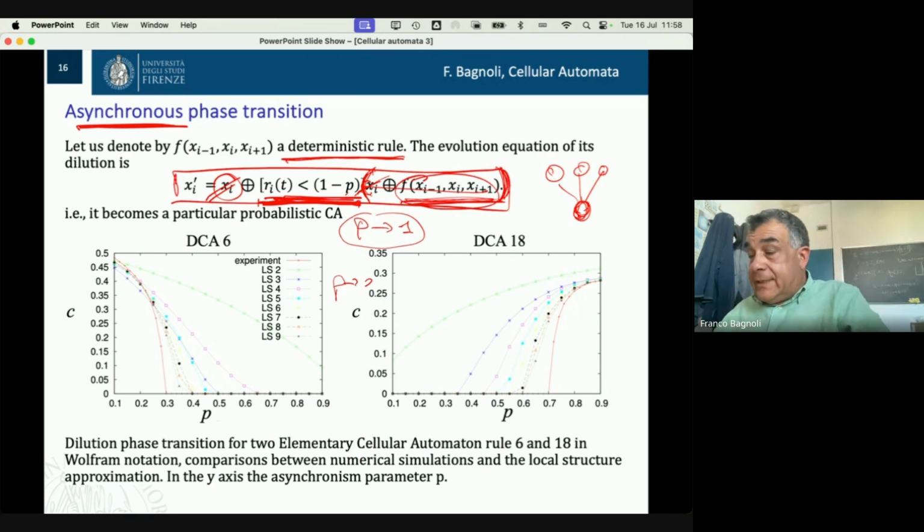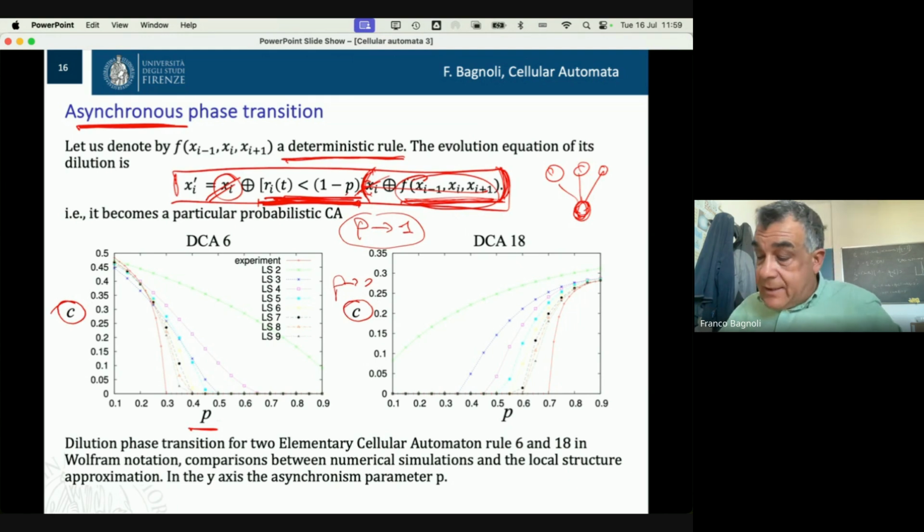And what is interesting is that we can have quite different, for instance, a profile of, say, this is the density of ones, changing p. You can go from a certain value to 0 or vice versa.